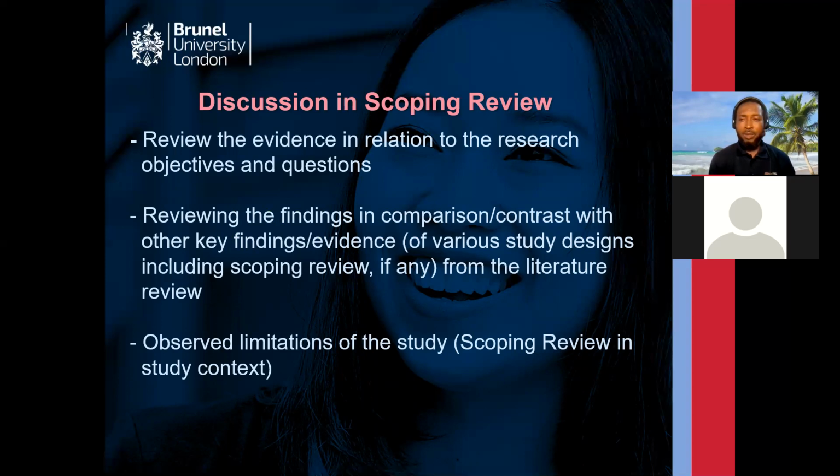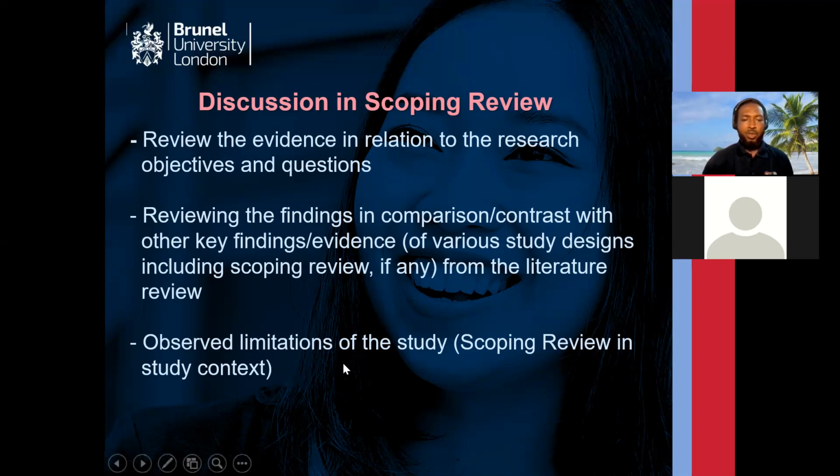You can look at other types of reviews, literature reviews, narrative, traditional, or systematic reviews, just to have an idea whether they agree with the common evidence provided in those articles.